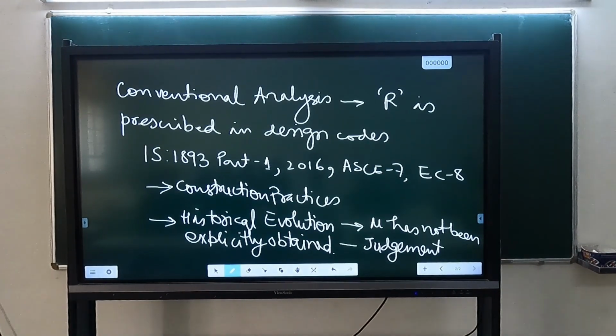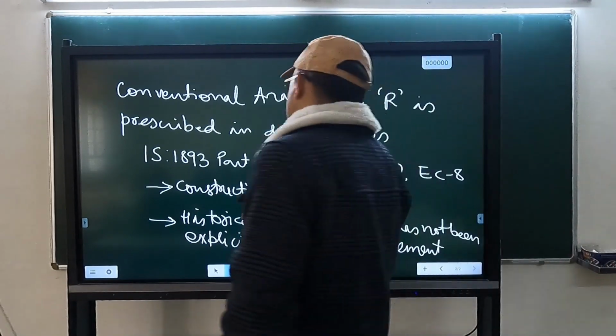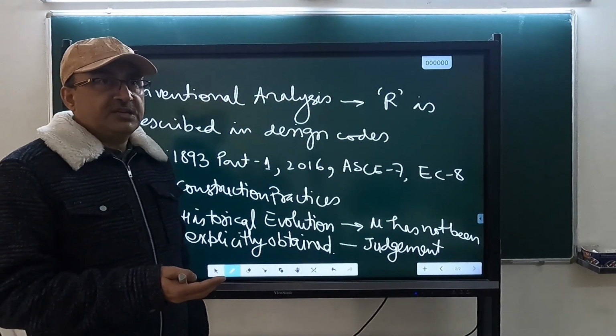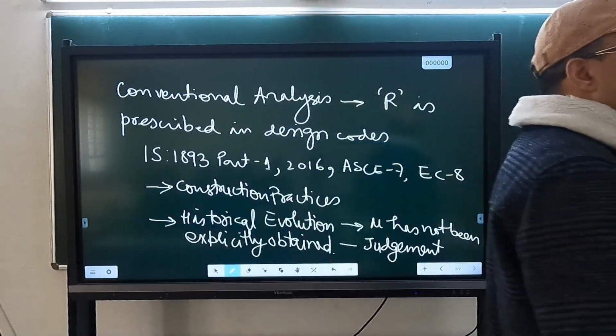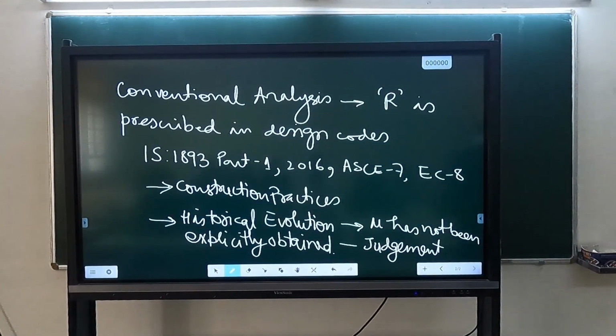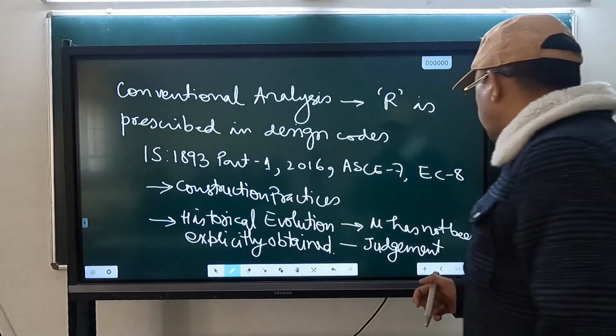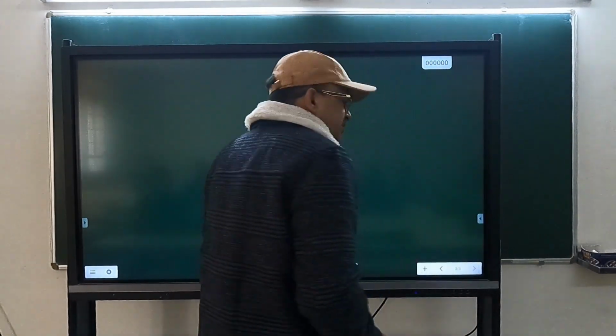That's the reason that in different codes and different countries, these are different. And if you are using different response reduction factors, the ductility demand on your structure designed using different codes will be different. And if the ductility demand is different, the performance is going to be different.